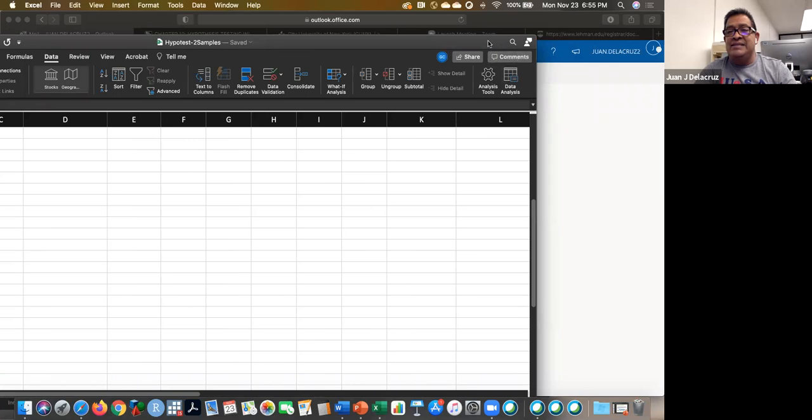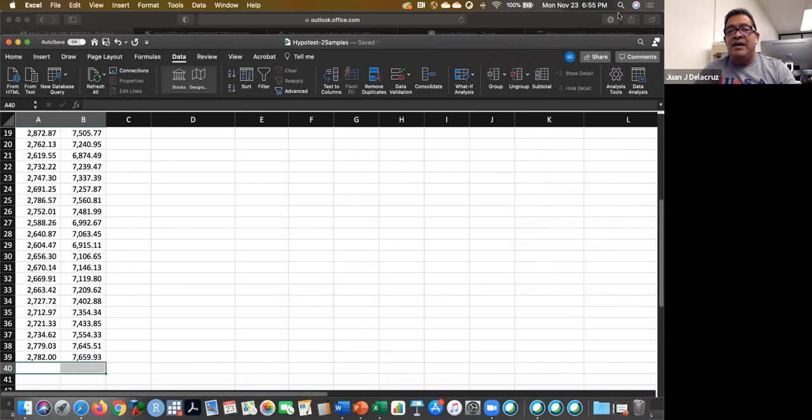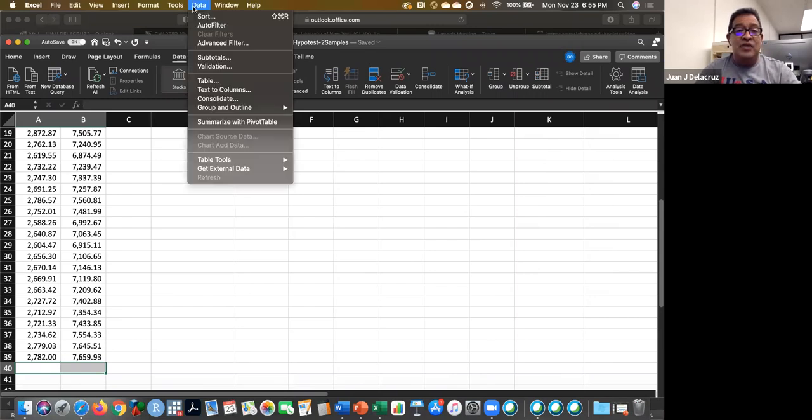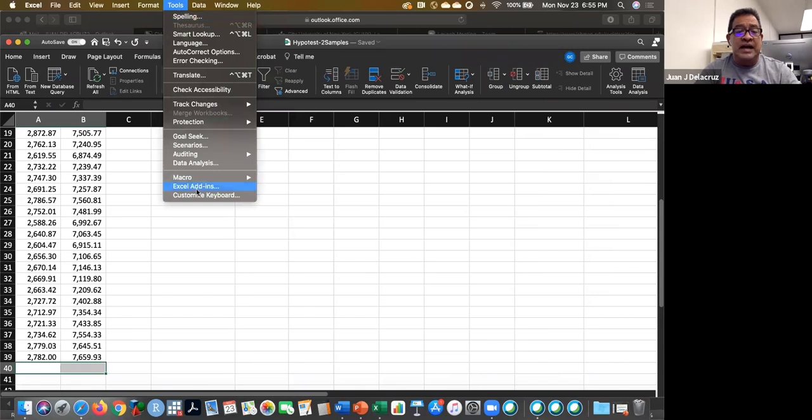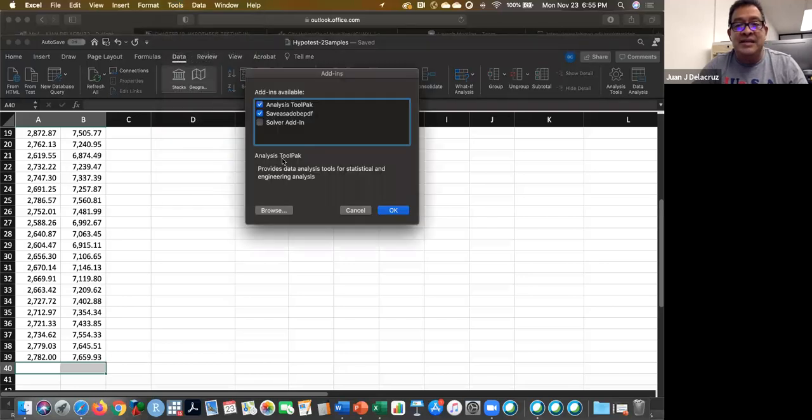If you don't have it in Excel and you have a Mac, you have to go to Tools and then Excel add-ins, and then you have to upload the Analysis ToolPak.